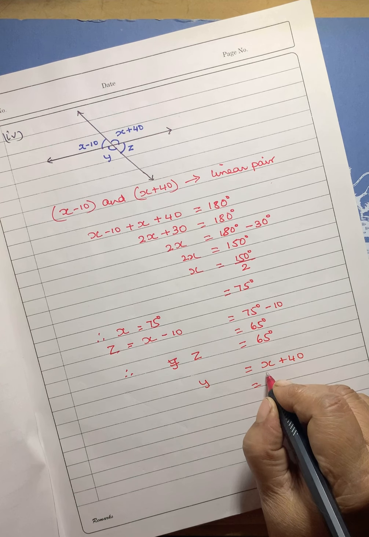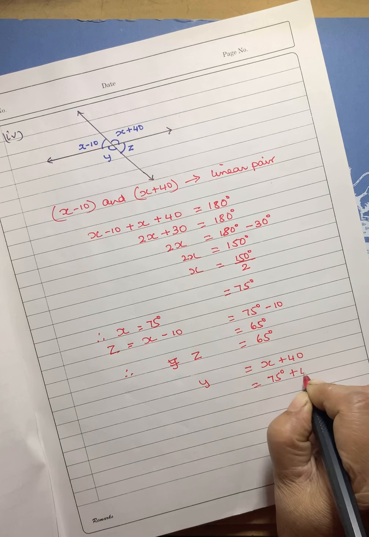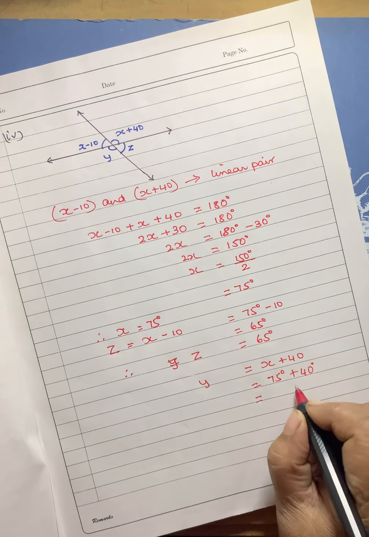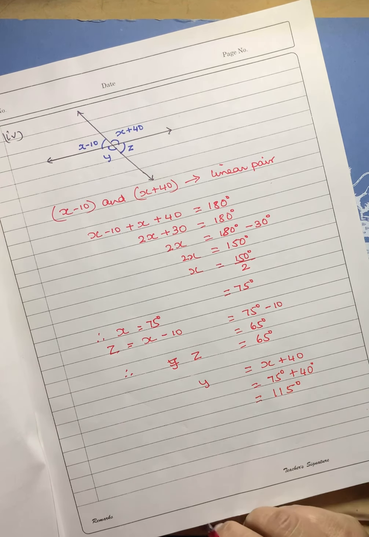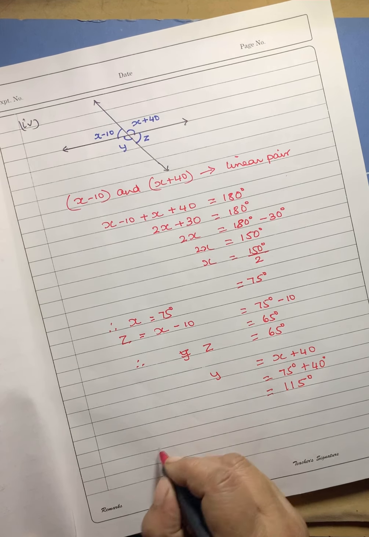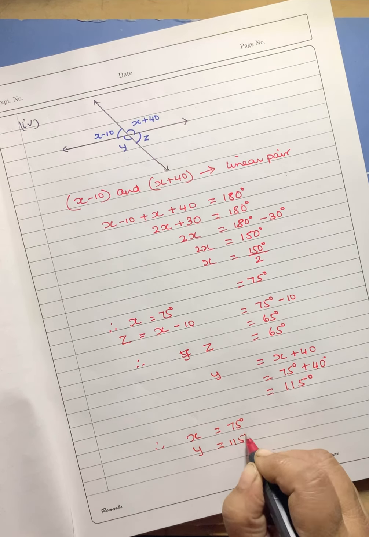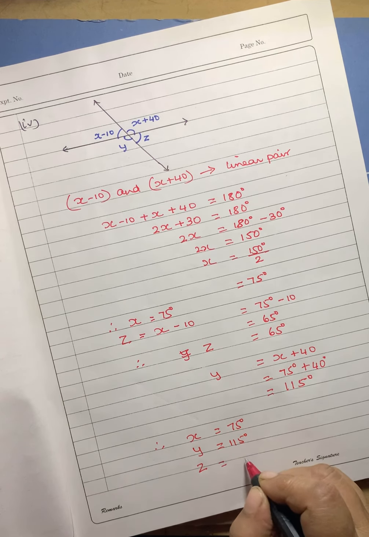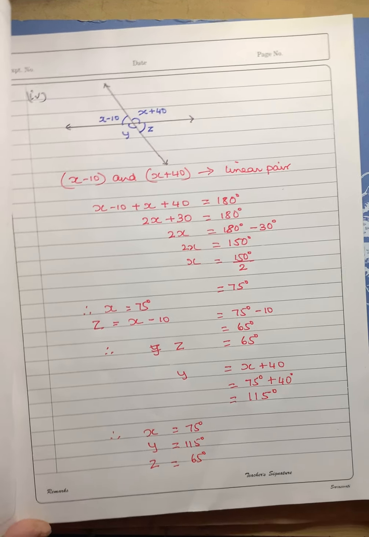What is y? What is x? x is 75. 75 plus 40 will give you 115 degrees. So therefore, x is equal to 75 degrees, y is equal to 115 degrees, and z is equal to 65 degrees. That will be your answers.